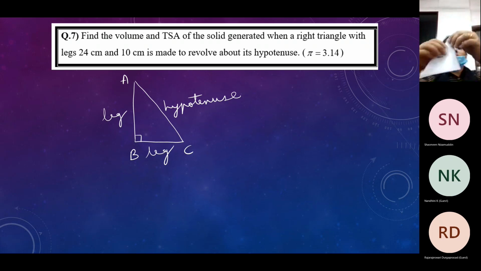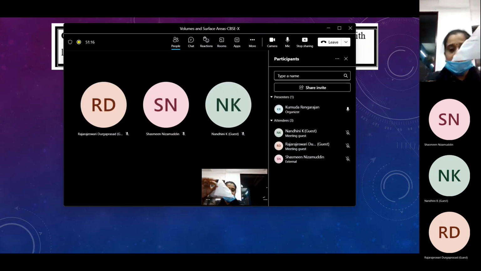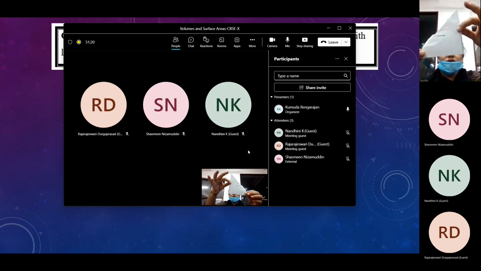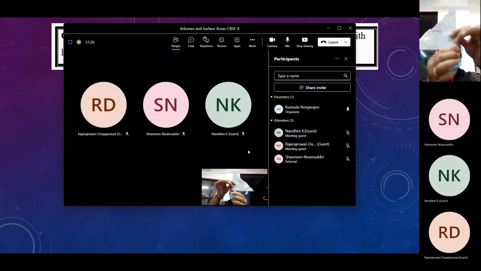Okay, so this is a right triangle. This is one leg, this is the other leg, and this is the hypotenuse.